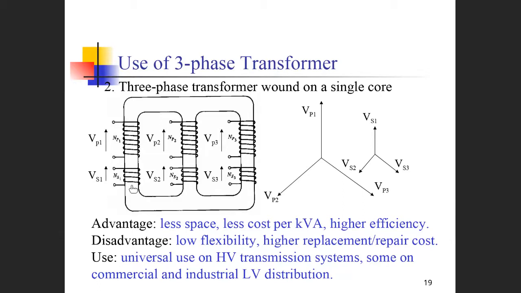As a result, the voltage in primary phase 1 and the voltage induced in secondary phase 1 will be in phase, exactly in phase, because they share exactly the same flux. Similarly, primary phase 2 and secondary phase 2 are in phase, and primary phase 3 and secondary phase 3 are in phase.